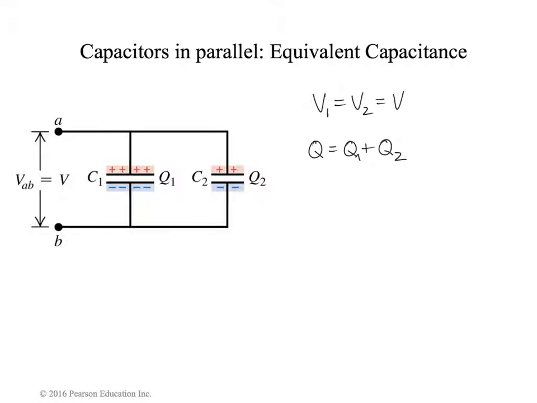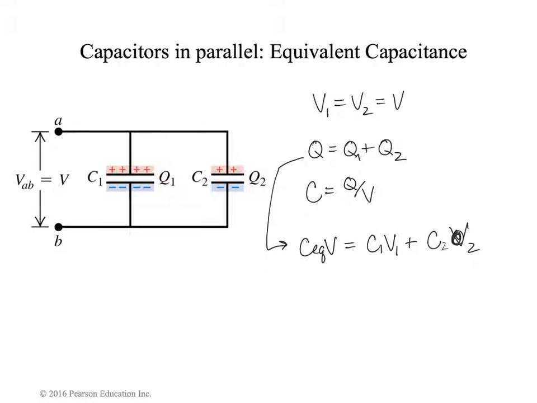Using the fact that capacitance is Q over V, we can rewrite this expression as C equivalent times V, and for Q1 we write C1 times V1, and for Q2 we write C2 times V2. Because all the V's are the same, those cancel out, and I'm left with the equivalent equal to simply the addition of the two capacitors.